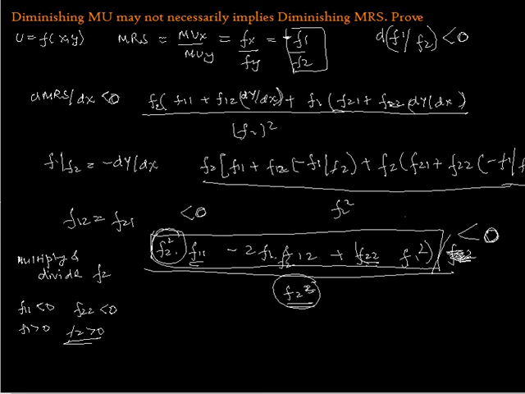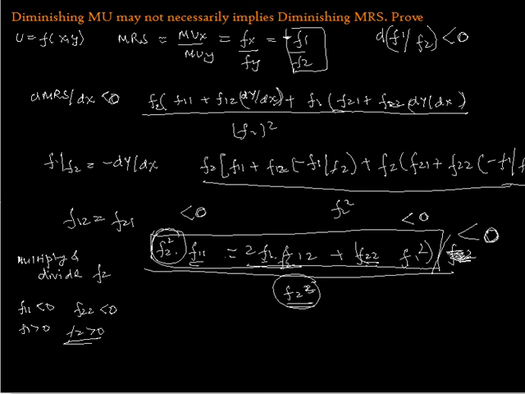Now see the middle term, minus 2 f1 into f2 into f12. f1 and f2 are positive, and the minus makes this negative. You do not want this term to be positive because it can mar the negativity of the entire numerator.